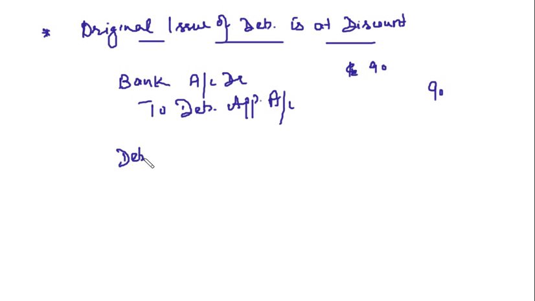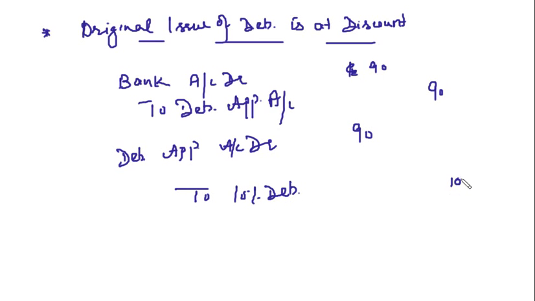Then what is the next entry? Debenture application account debit 90 rupees, right? And to say 10% debentures, you will always take the nominal value in the debentures. Then what is this difference? This difference is discount on issue of debentures account debit.